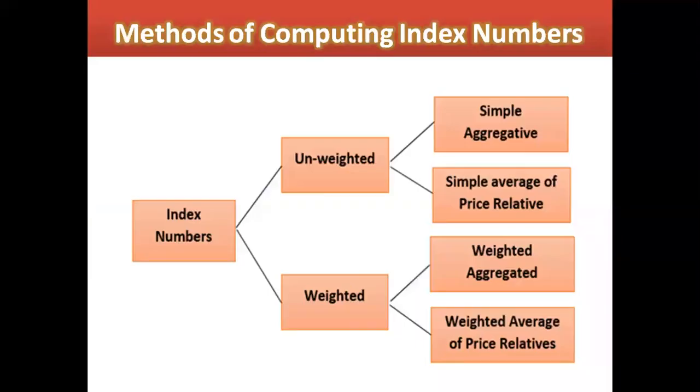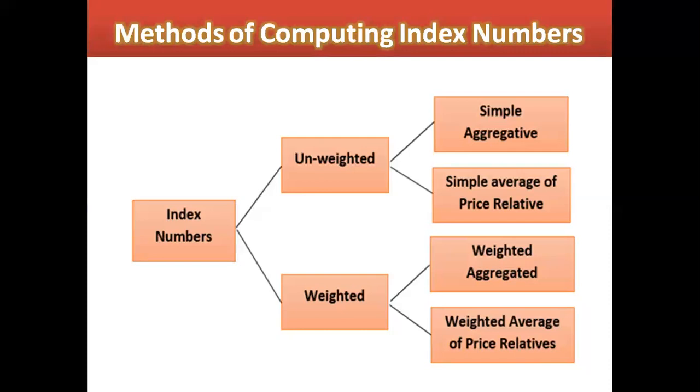Then how do we use it? Why do we use it? Why is it important? For that purpose, we will be discussing some of the important aspects of why it is important. The first one is that with the help of an index number, we can measure changes in price level and standard of living. Why?